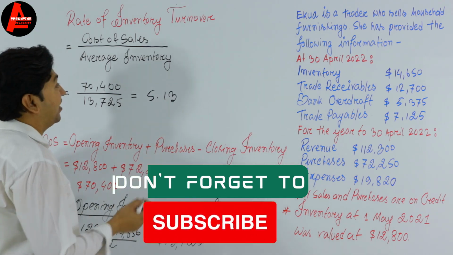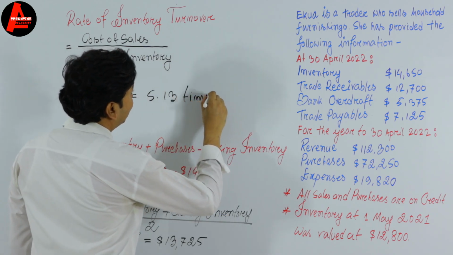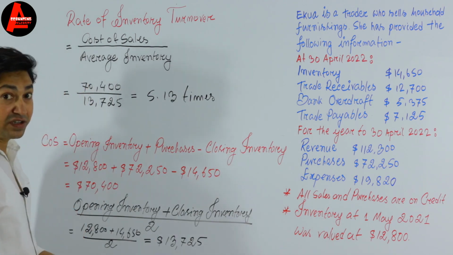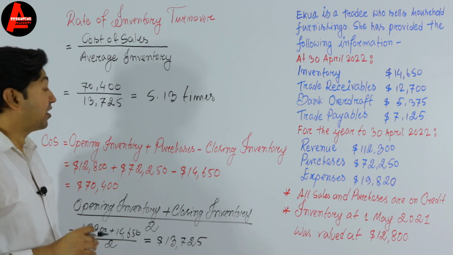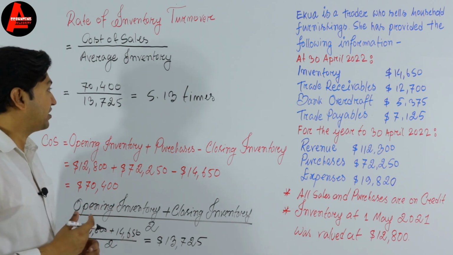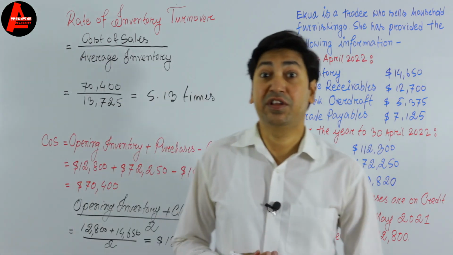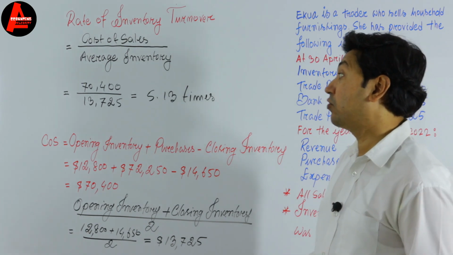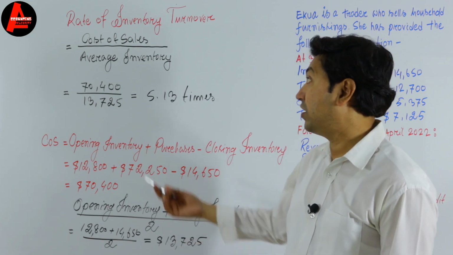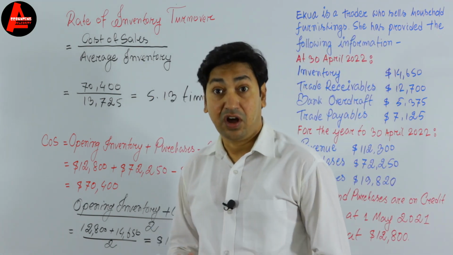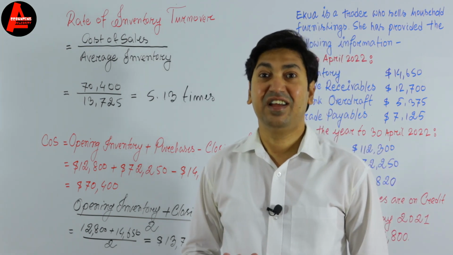So here the unit will be 5.13 times, meaning how many times the business purchased inventory in a particular period, which is 1 year in this question. Okay, so this is how you have to calculate rate of inventory turnover, but you have to know how to calculate cost of sales and how to calculate average inventory, because this information will not always be given in the question.